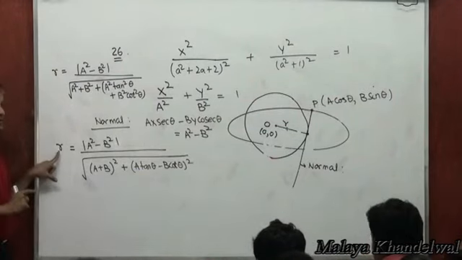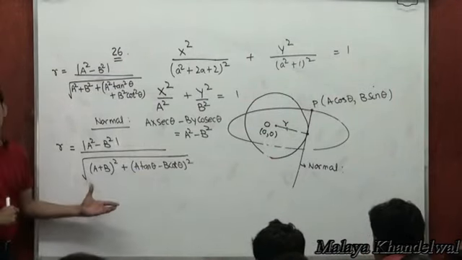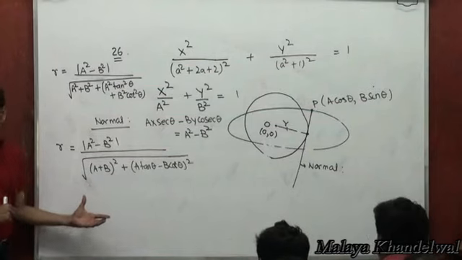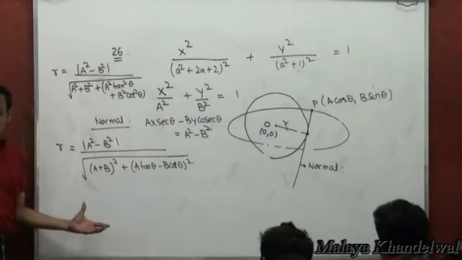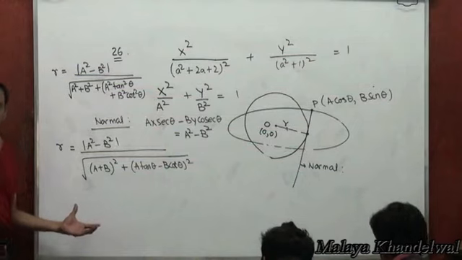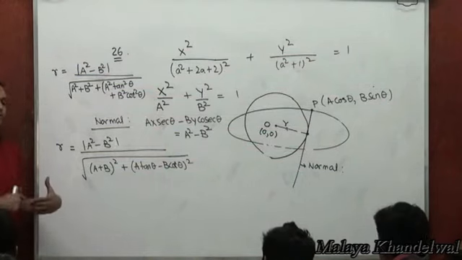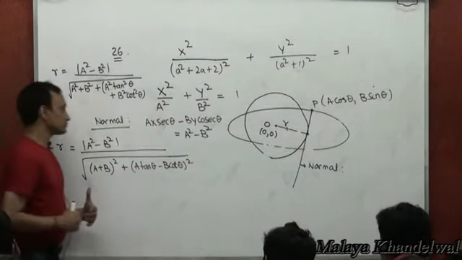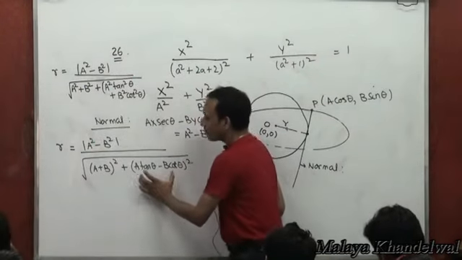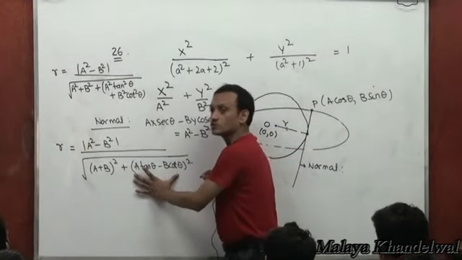Now r would be a maximum when the denominator is a minimum, right? The denominator is minimum when this is 0.